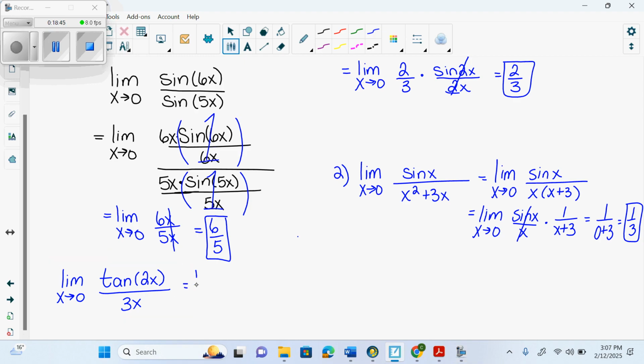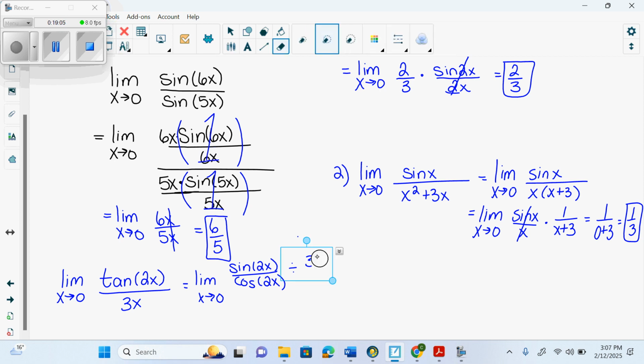So we would get the limit as x approaches 0 of sine 2x over cos 2x, technically divided by 3x if I so chose. Technically, right? Dividing by 3x is the same as multiplying by 1 over 3x.